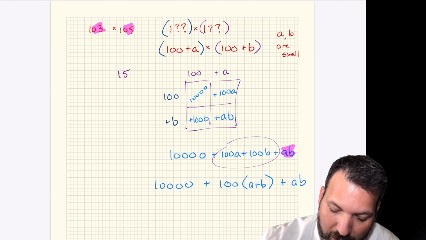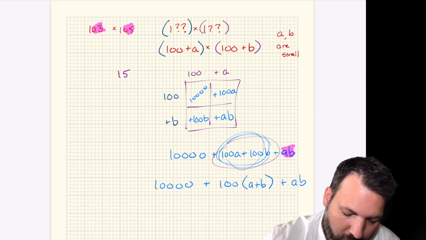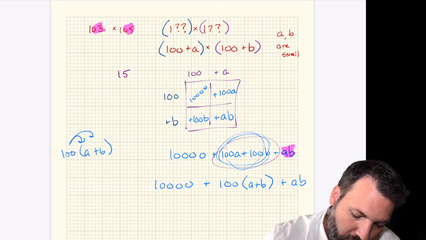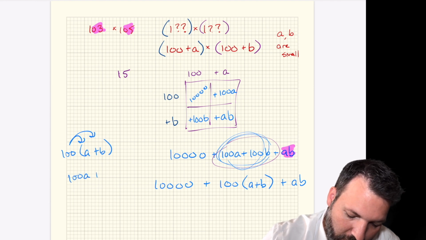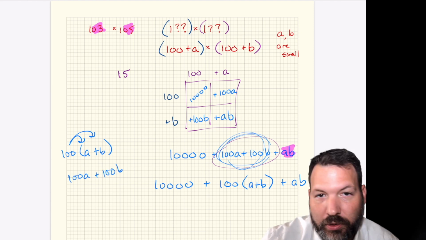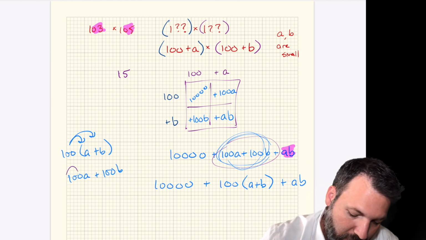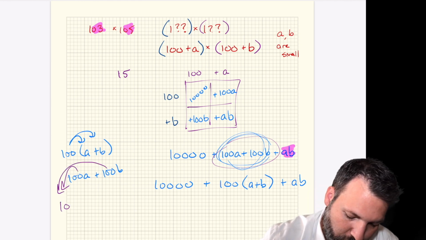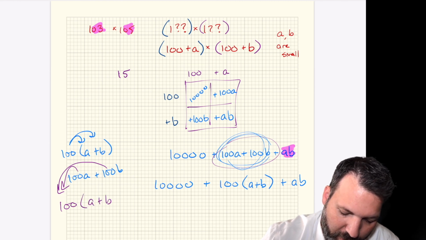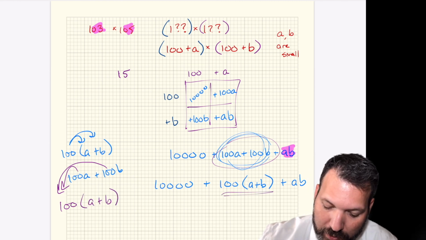Because I can almost see the distributive property here in reverse, right? Imagine taking 100 times the product a plus b. We normally send that 100 in, and so we get 100a plus 100b. But it's just as possible for us to do this process backwards. Let's take the 100 out of each expression, and what gets left behind? The a plus the b. So that's what this is right here.